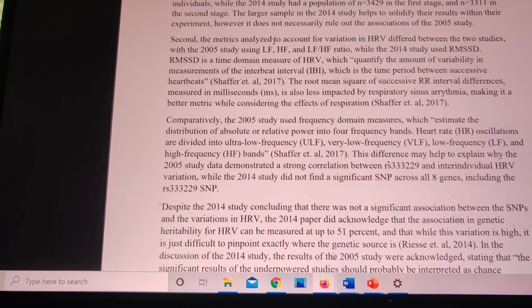So of the comparative analysis, the biggest difference between the two studies were the sample size and also the metrics used for the studies, as the first study used more frequency domain metrics, while the second study used more time-based measurements.